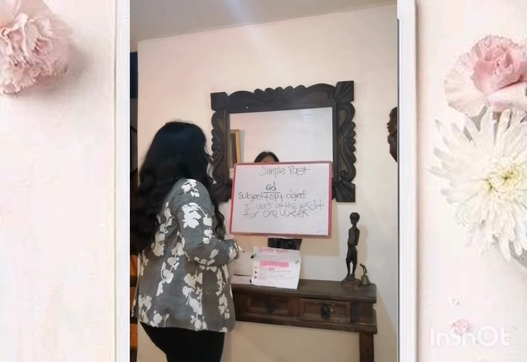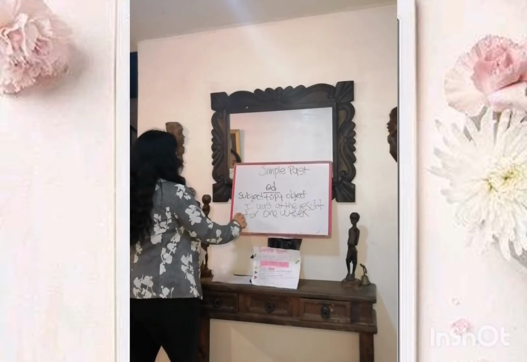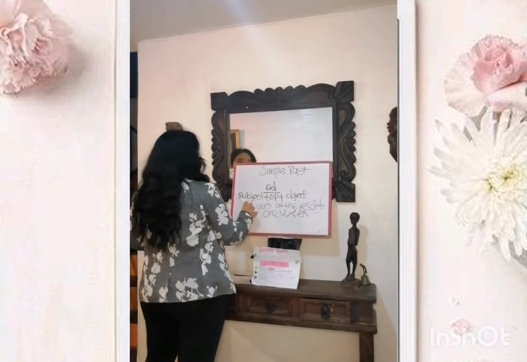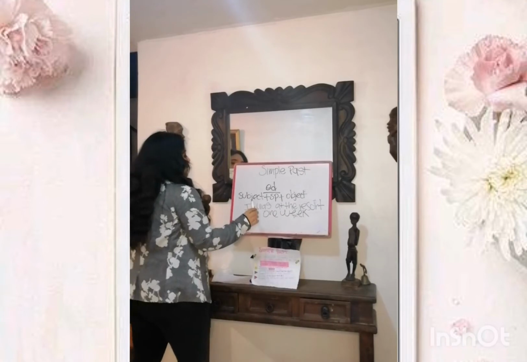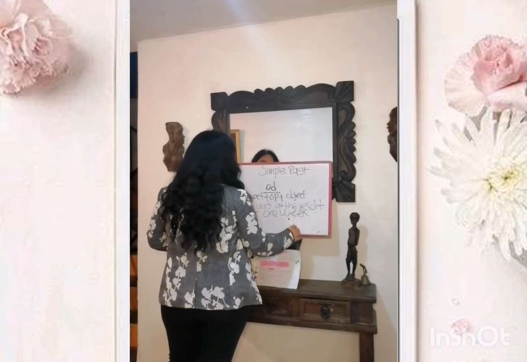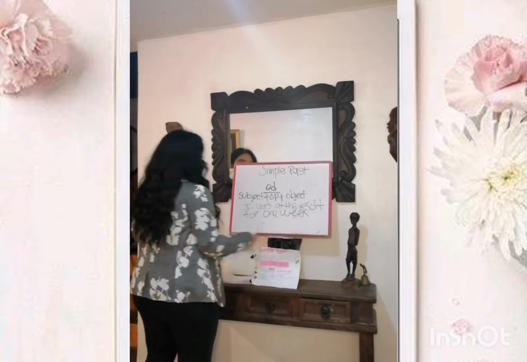Okay, so the sentence says the subject, which is I, and then the simple past, which is was, at the resort for 1 week. So that's going to be our sentence about the simple past.